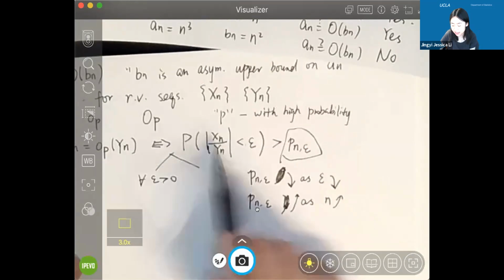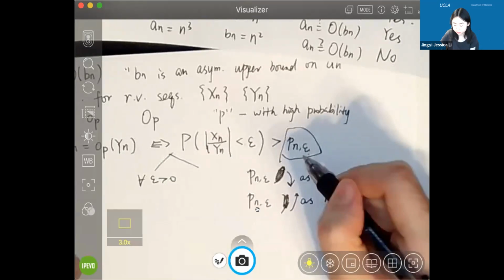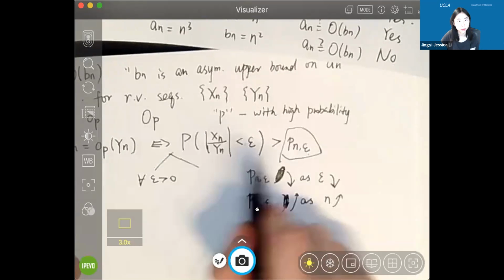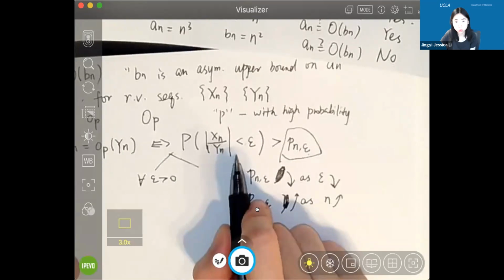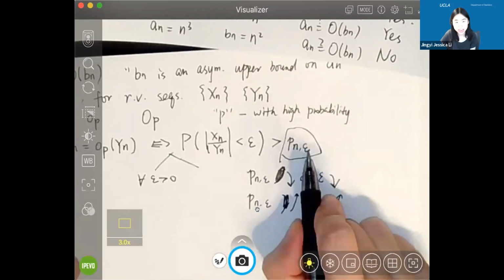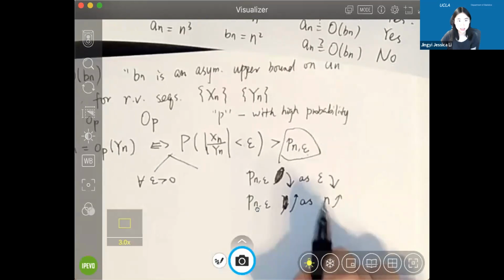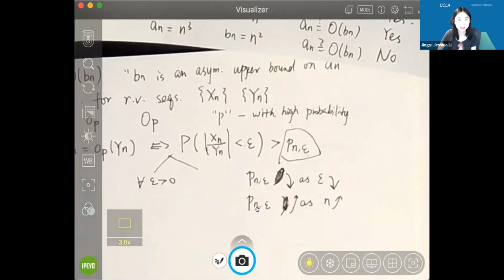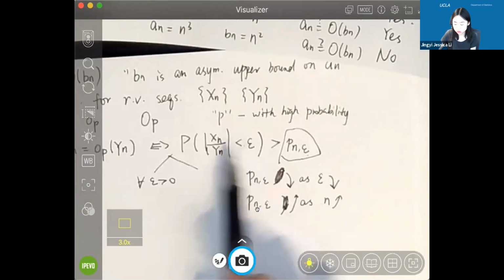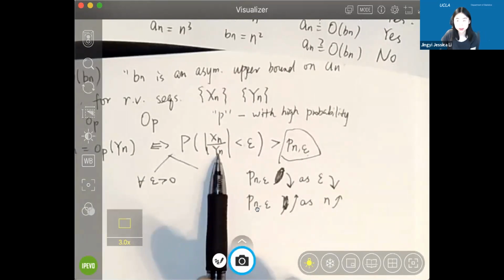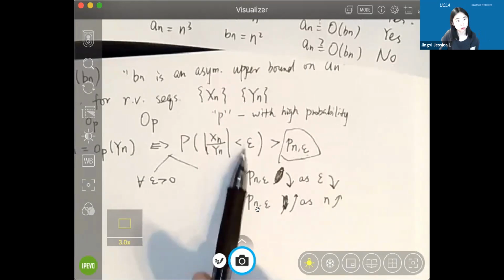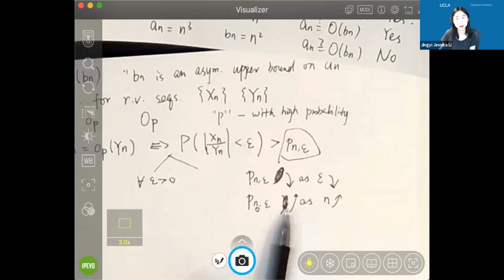So P_n(epsilon) is a lower bound on this neighborhood probability, and we want the lower bound to increase as n goes larger. And in statistics, the intuition is that as our sample size becomes larger, we are getting better by using Yn to approximate Xn. So this thing is going to be within that neighborhood of 0 more likely, with higher probability.